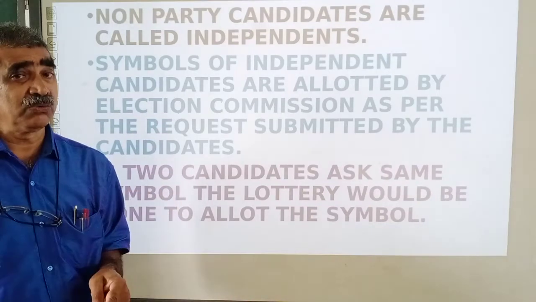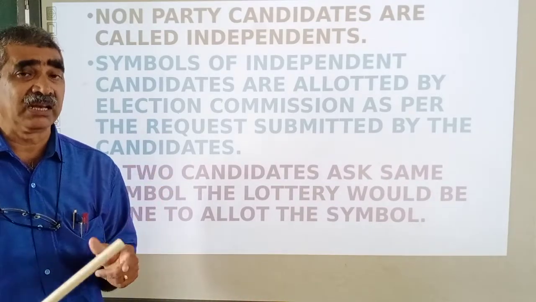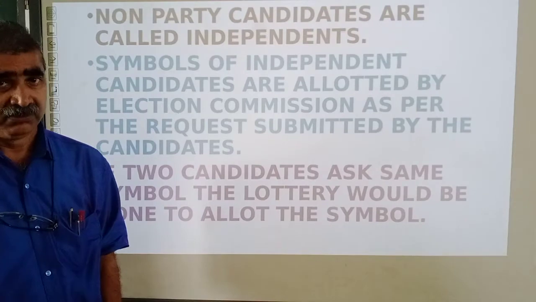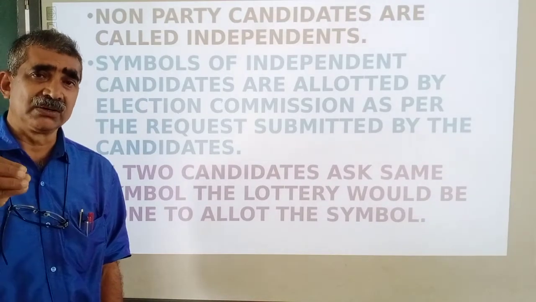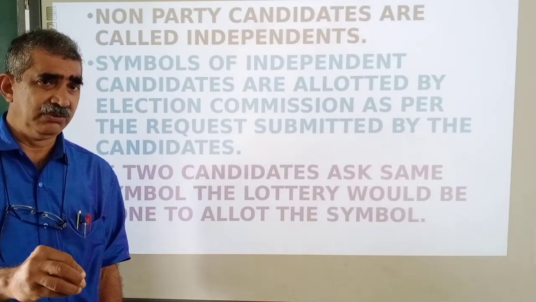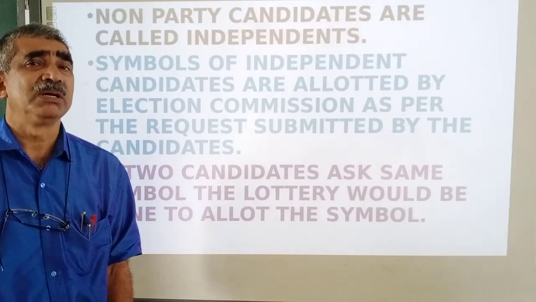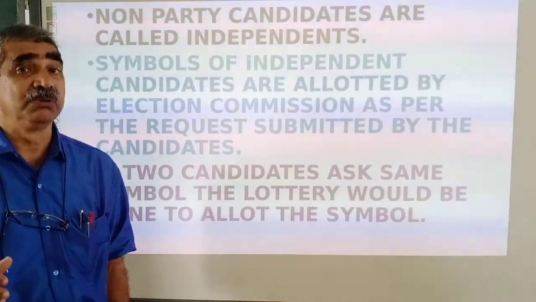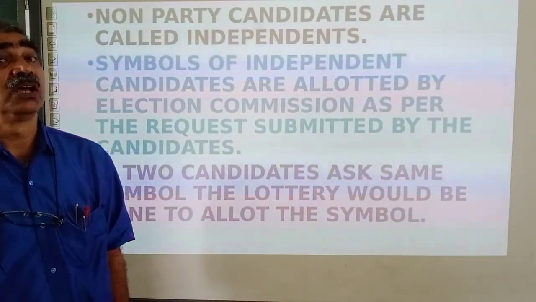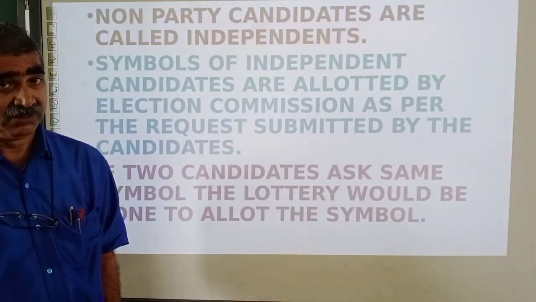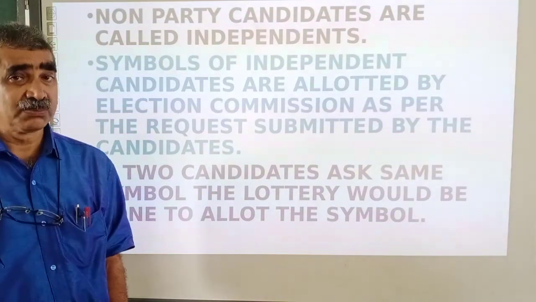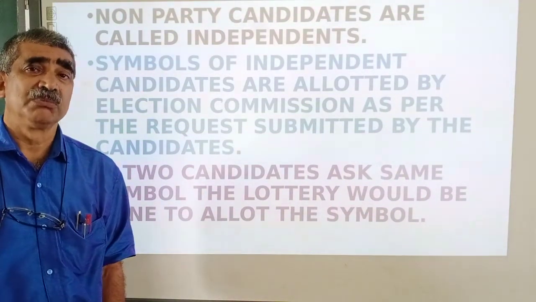So the Election Commission will call both of us and conduct a lottery. Whoever wins the lottery will get the TV, and the other person will be given some other symbol which he likes, if possible, because other symbols may already have been taken by others. So whichever is possible, the Election Commission will provide.